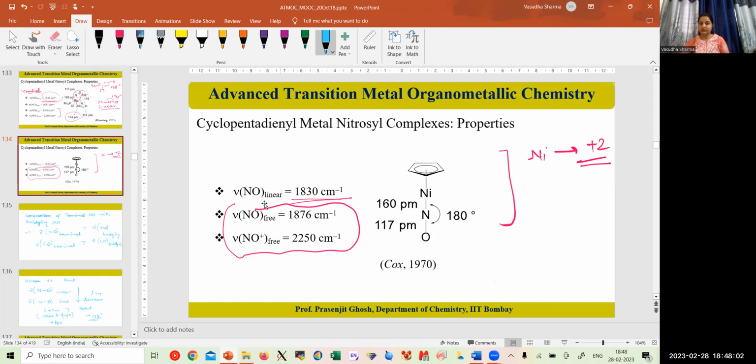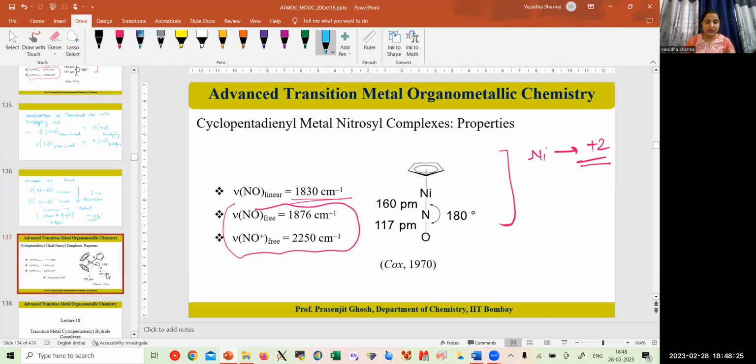Here the bond angle is 180 and the frequency is straightforward, where it lies in the region of 1830. The free nitrosyl or the charged nitrosyl would always have more frequency compared to when it is coordinating to the metal, because there it is giving the electron density. It is dependent on many factors, but the free ones are totally devoid of such things.